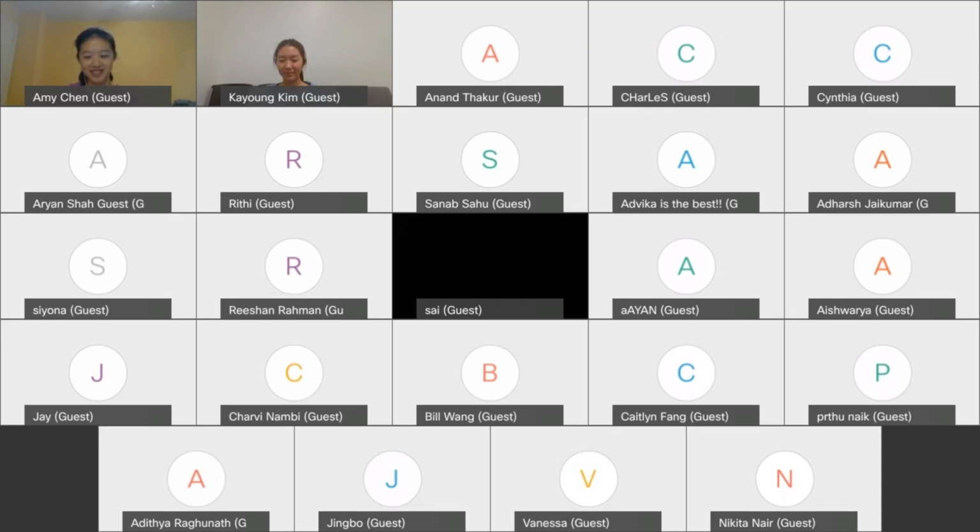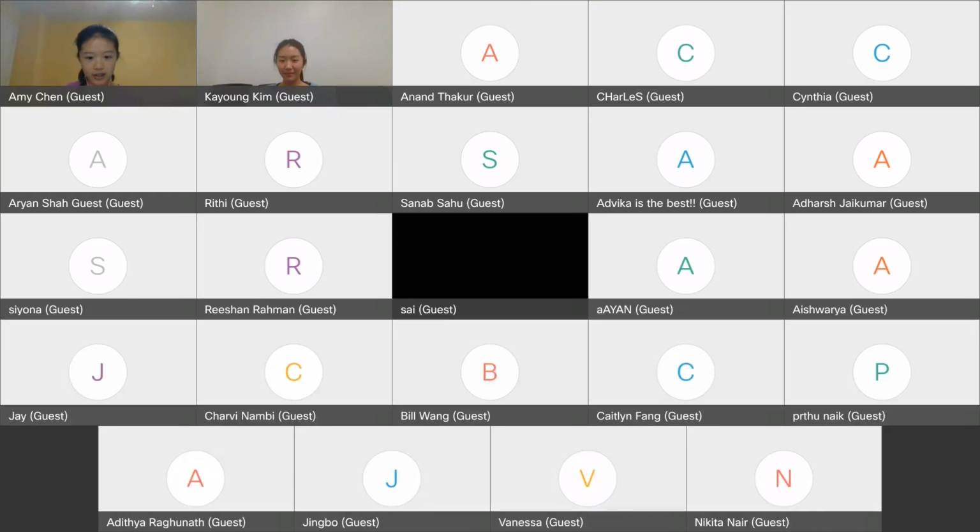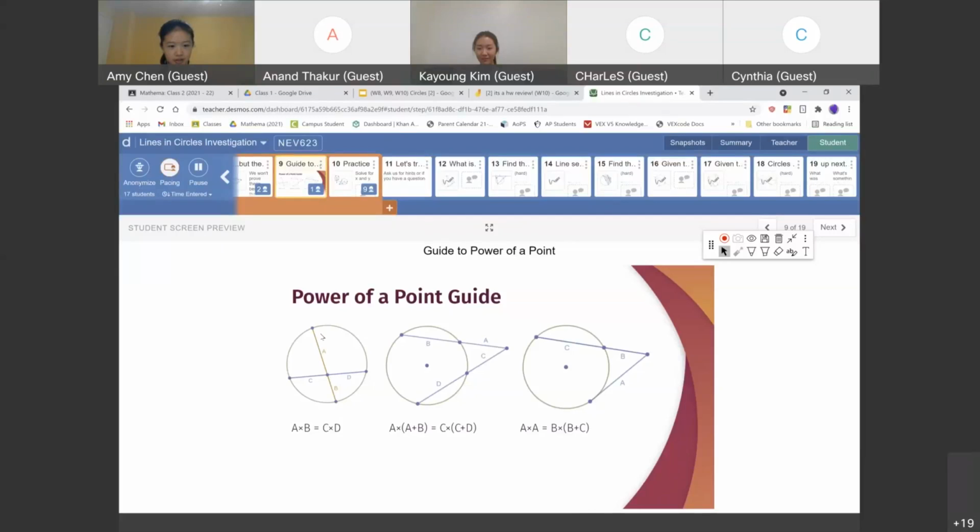No, I'm saying if the specific line segment mattered. For this one the specific lines don't really matter too much, but for these it has to be this short line here multiplied by the whole line. Okay. Yeah.